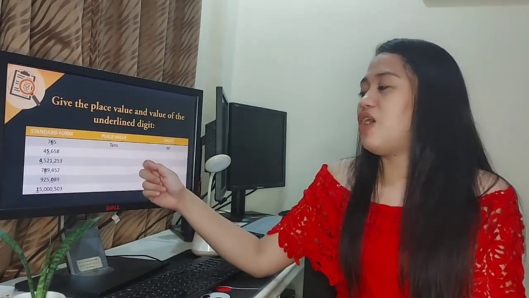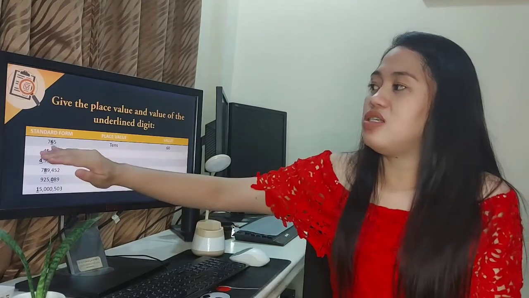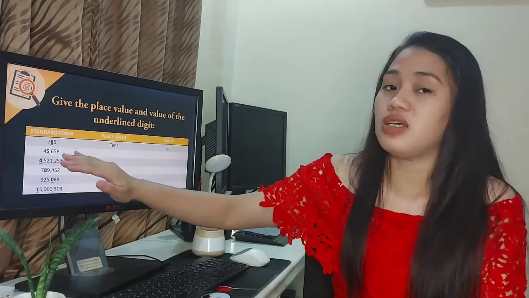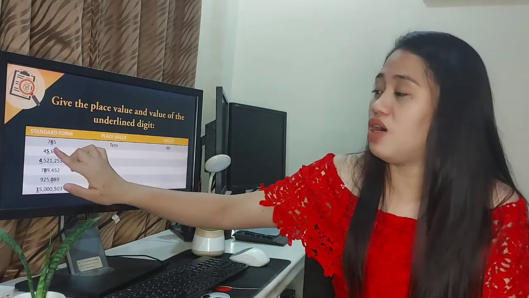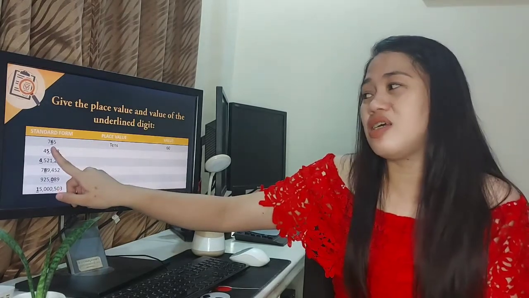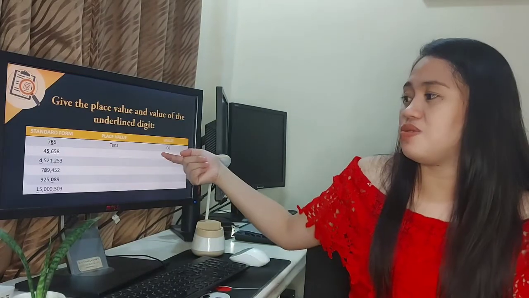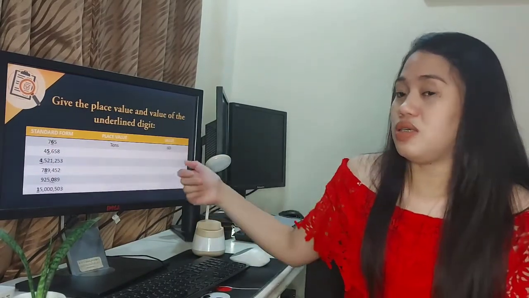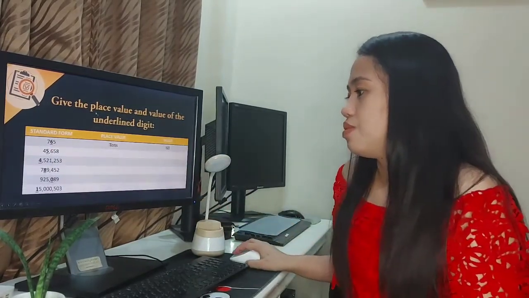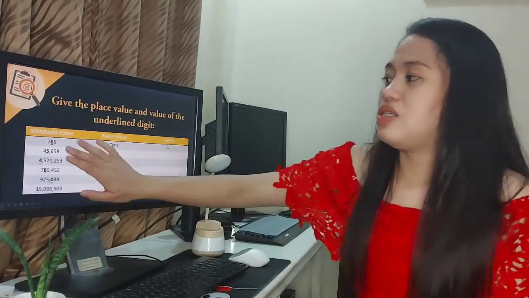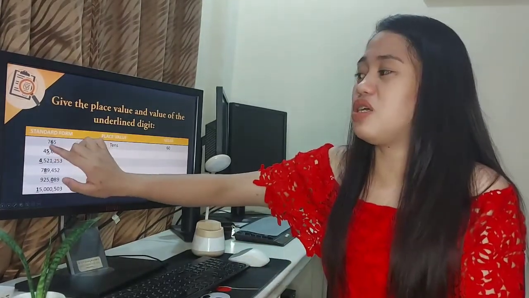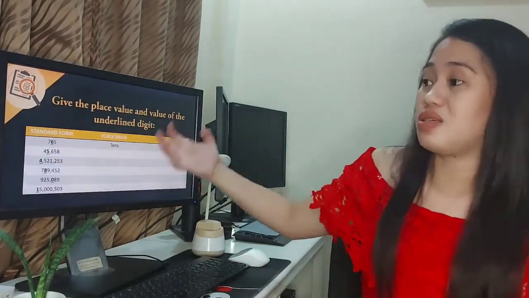And the place value of 6 in this number is the tens place because we have 5 as ones, 6 as tens, and 7 as hundreds place. And its value is 60. So, the number 6 here stands as 60.